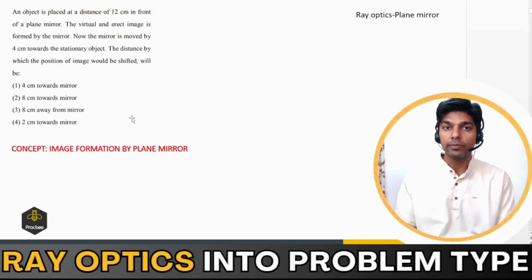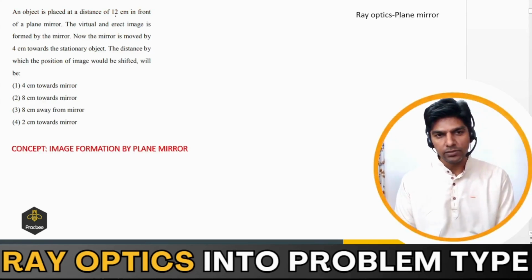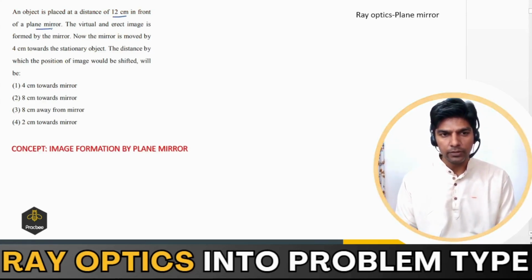Now let us see a question based on this property. An object is placed at a distance of 12 centimeter in front of the plane mirror. The virtual and erect image is formed by the mirror. Now the mirror is moved by 4 centimeter towards the stationary object. So we are given a stationary object.